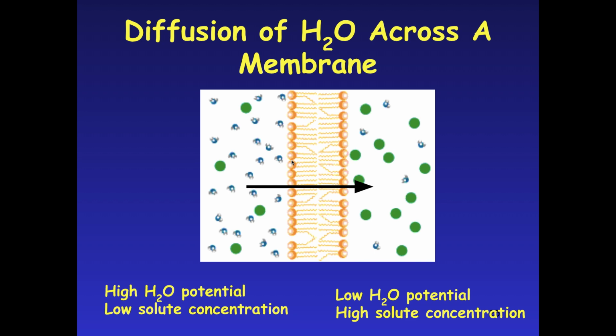Sometimes you get confused: this is going from low to high, but you said it goes from high to low. Yes, because we're talking about water. Water is always going to move from a high water concentration to a low water concentration, right? It's going to try to dilute this extra solute.